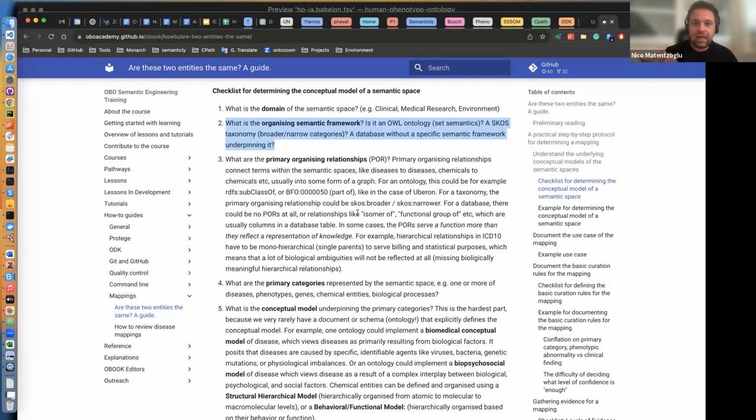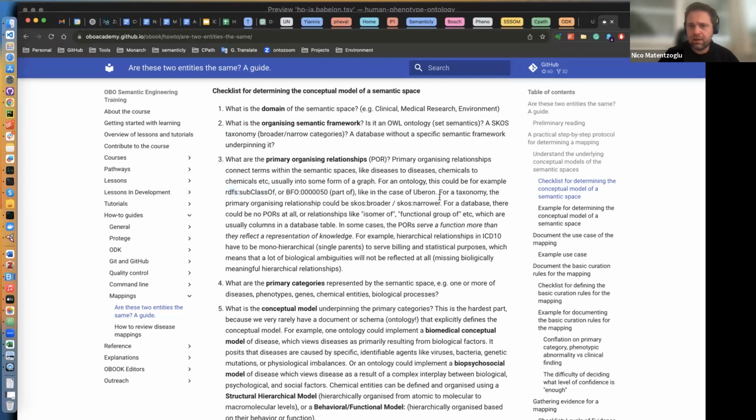In many cases, for some ontologies, like for example Uberon, which is an anatomy ontology, you will have most of the entities organized using mereological relationships, like part of. Or if you are in a more traditional style ontology, then the primary relationship that organizes everything will be the subclass of relationship.